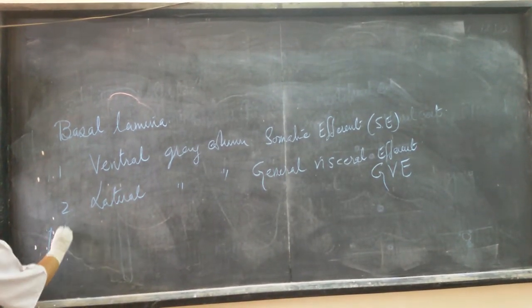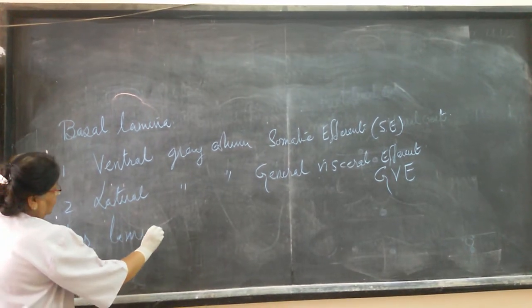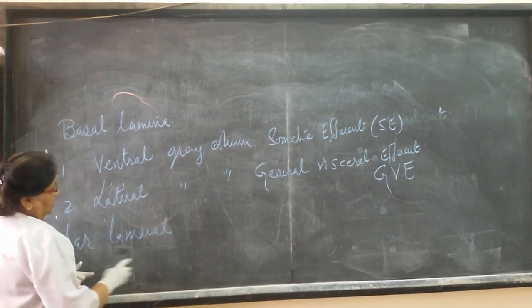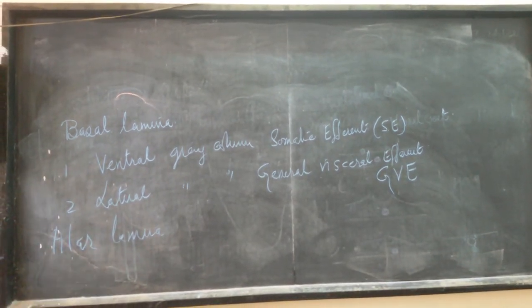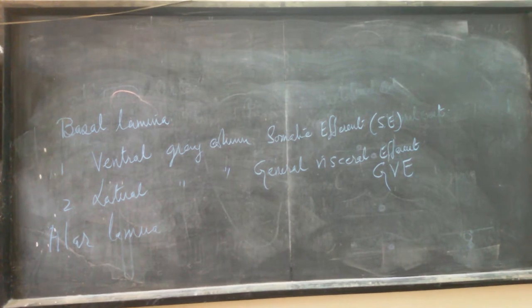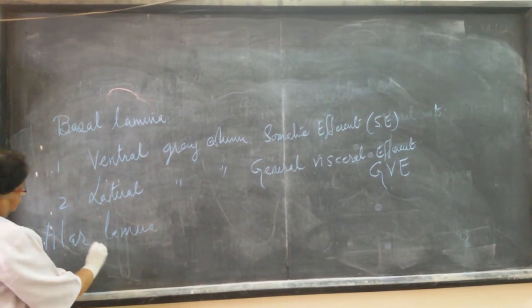The alar lamina lies dorsally. This is sensory part, and this forms the posterior or dorsal grey column.